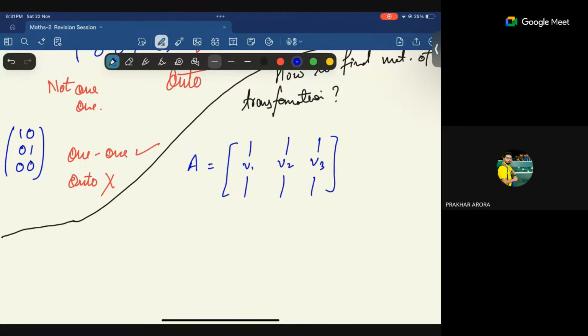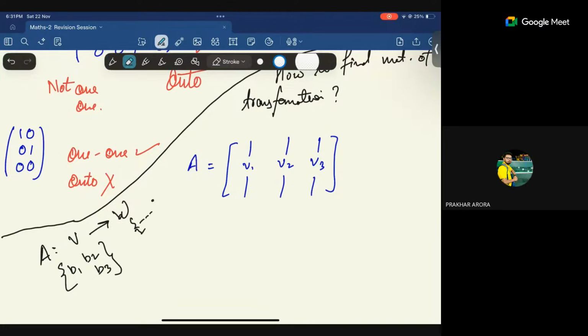Here A is a linear transformation from V to W. And the bases of V are B1, B2, B3. These are the bases, and for W, let's not talk about bases for the time being.